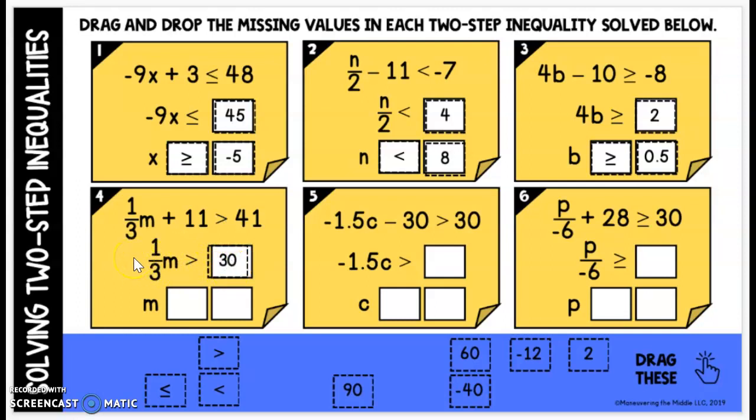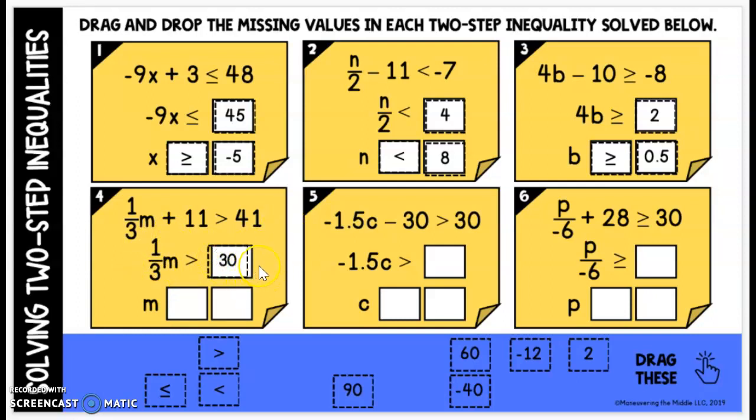All right, when you're working with fractions, as you're multiplying fractions, you have to then divide fractions. So that would be 1/3 divided by 1/3. That cancels that out. Or you multiply by the reciprocal, which would be 3/1. So I would multiply that 3/1.